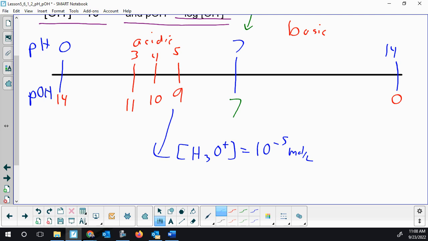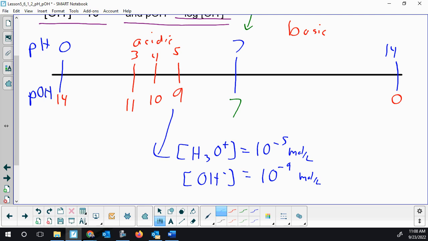Okay. 10 to the minus pH. If I wanted the hydroxide concentration, I'm still going to do 10 to the minus of, but I need the pOH value. 10 to the minus pOH would be 10 to the minus 9 moles per liter.